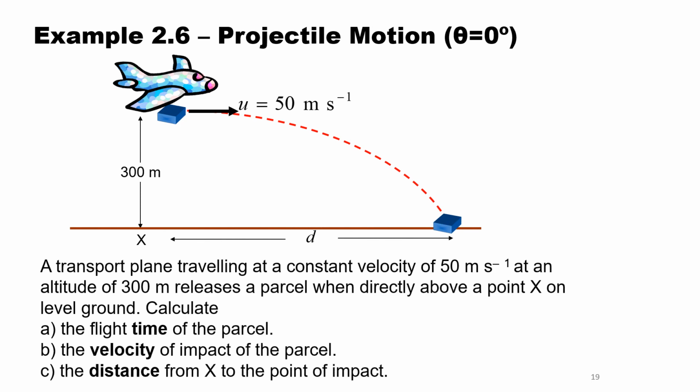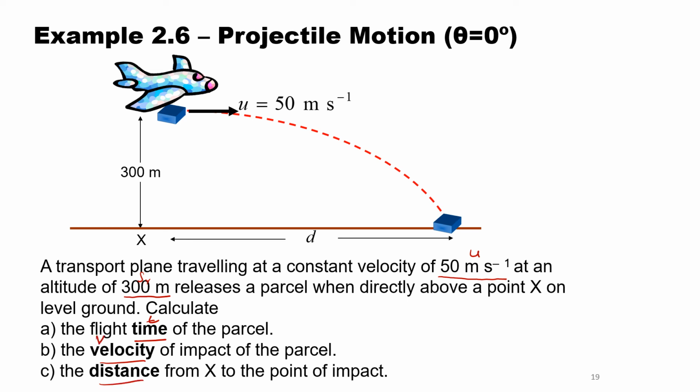Example 2.6. A transport plane traveling at a constant velocity 50 meter per second at an altitude 300 meter releases a parcel when directly above a point X on level ground. Calculate A, the flight time of the parcel. Number B, the velocity of impact of the parcel.